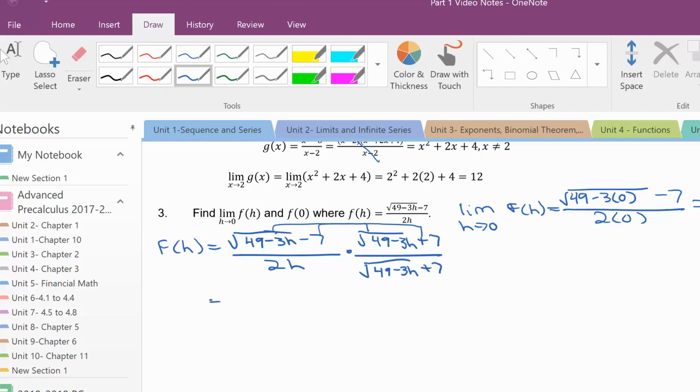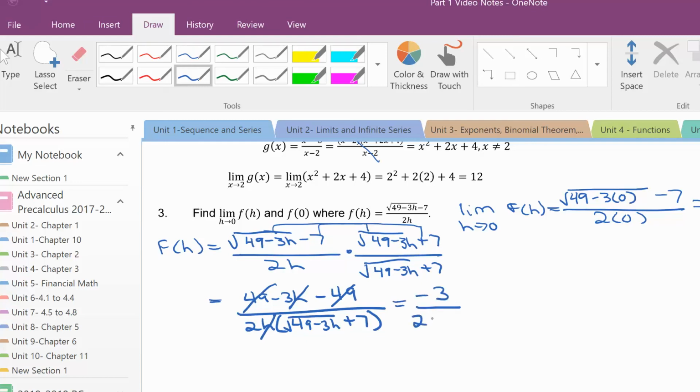So you can do 49 minus 3h minus 49 over, and then you have 2h times rad 49 minus 3h plus 7. Do not distribute. So then you can cancel out the 49s, and then because of that, you can cancel out the h's. So now you have negative 3 over 2 times rad 49 minus 3h plus 7. So that is what f of h is equal to.